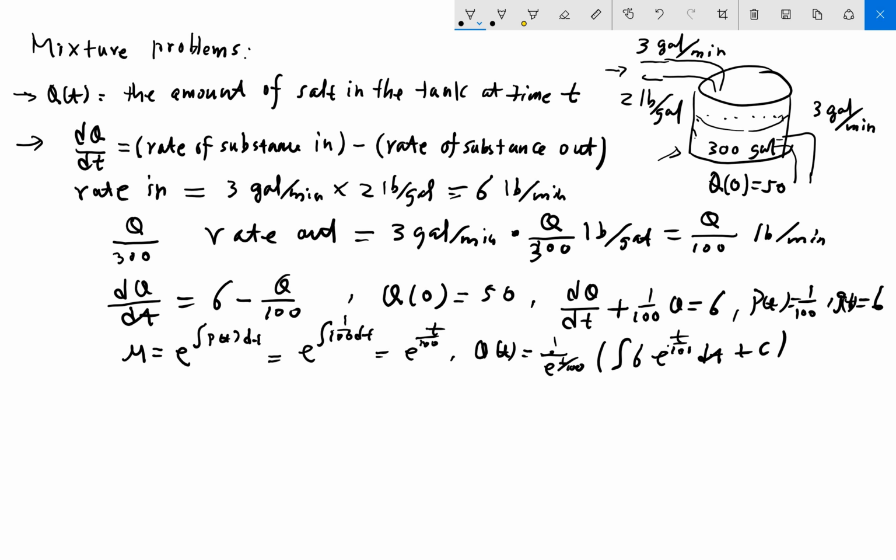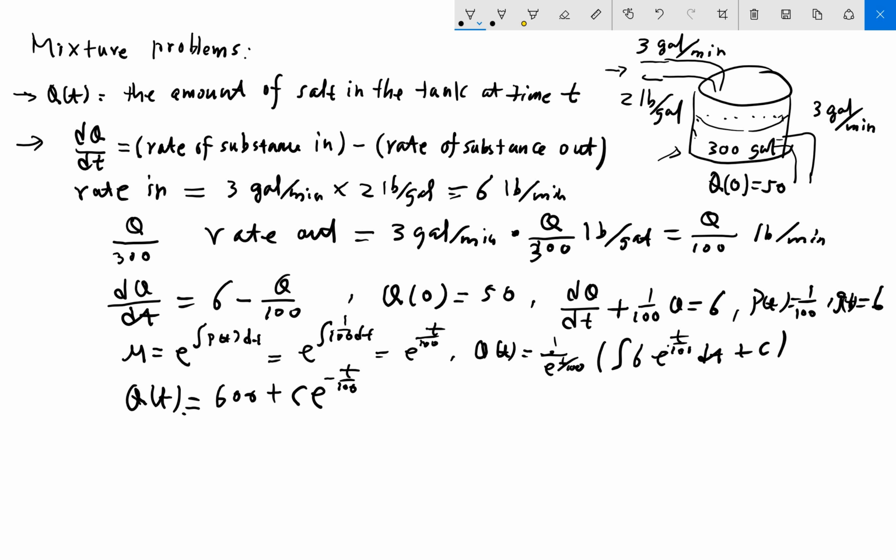So you integrate this, we find the Q of t is equal to, just integrate that, you get 600 plus c e to the negative t over 100.